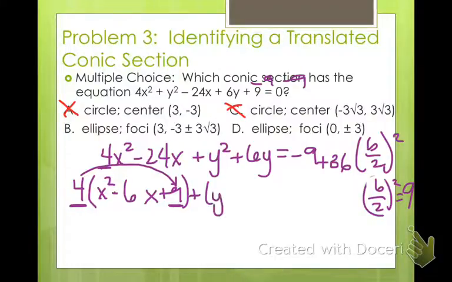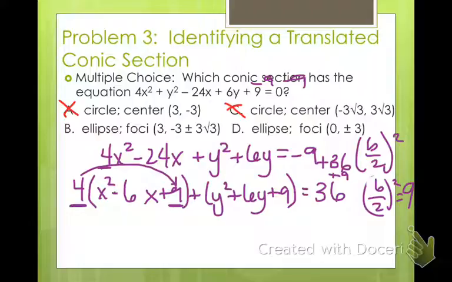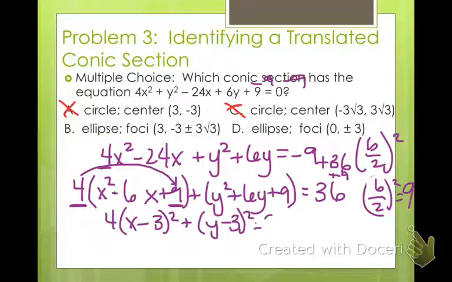And then I have y squared plus 6y plus 9. If you complete the square, it's the same thing. So I need to add 9 here. So if I add 9, subtract 9, add 36, I'm left with 36. So this becomes 4(x minus 3) squared plus (y plus 3) squared equals 36.